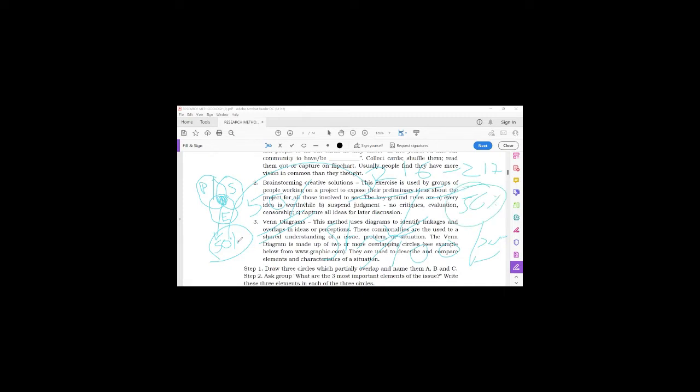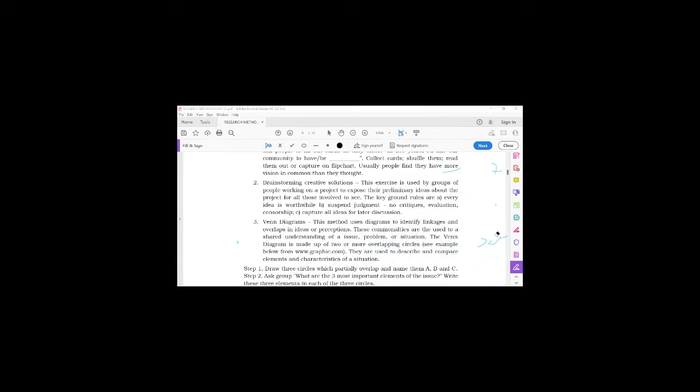Okay, so a Venn diagram helps you see where the overlapping areas are, what the three important elements of those aspects are, how you are writing these elements and how you are addressing these issues. So this is how we make a Venn diagram.